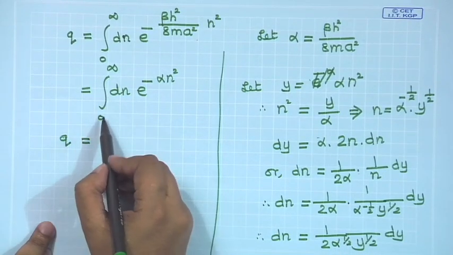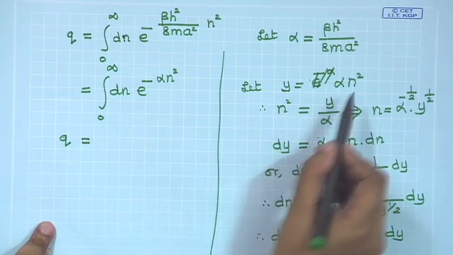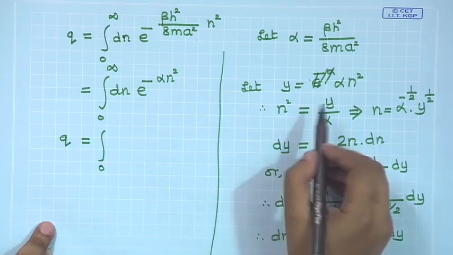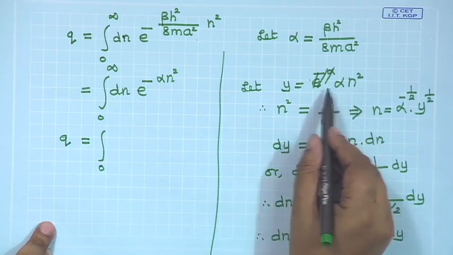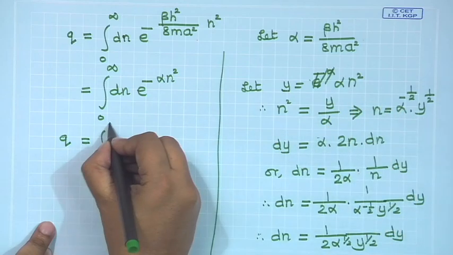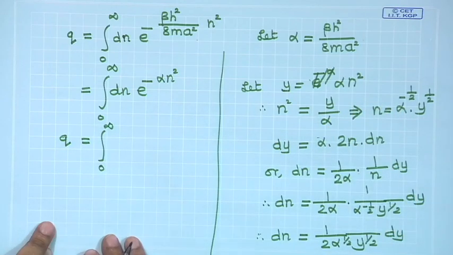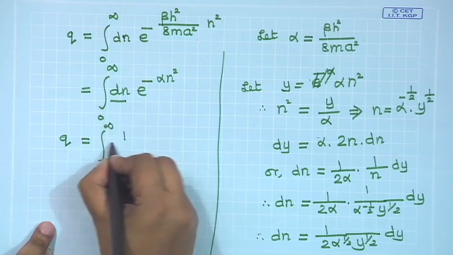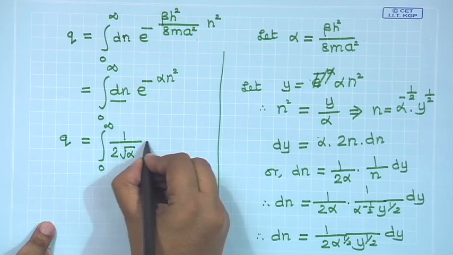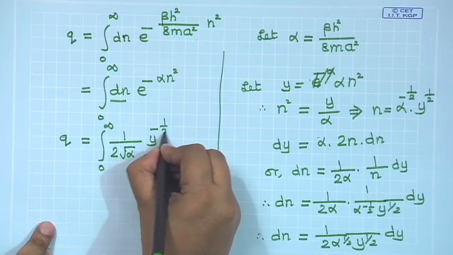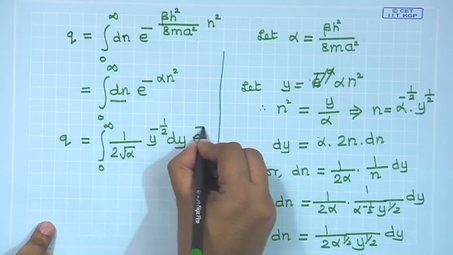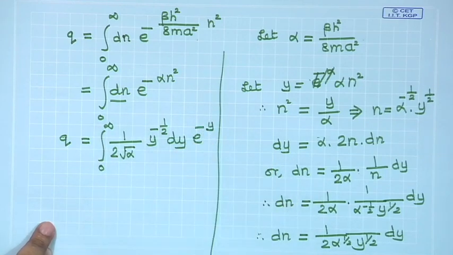When n is equal to 0, y is equal to 0. So, this is the lower limit replacement. When n is equal to infinity, once again alpha is a finite, non-zero quantity. As a result, this stays as infinity. Instead of dn, I am going to write 1 by 2 root alpha into y to the power of minus half dy, and I am going to do the replacement here, and this is e to the power of minus y.